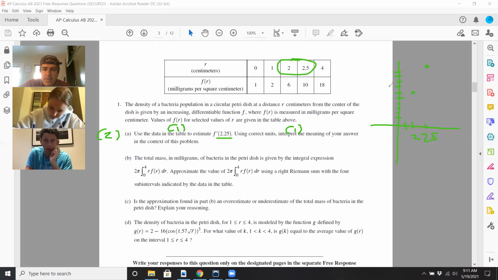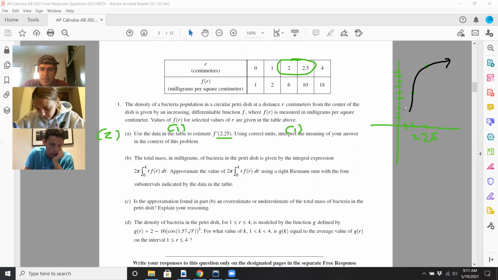If I draw a curve, it's going to look maybe kind of like this. I'm just going to have a little fun with this. So let's say the curve looks like that. Now, 2.25 will be over here. And we know that's supposed to be a tangent line, right? The derivative is always a tangent line.